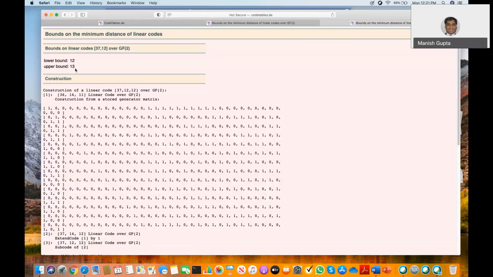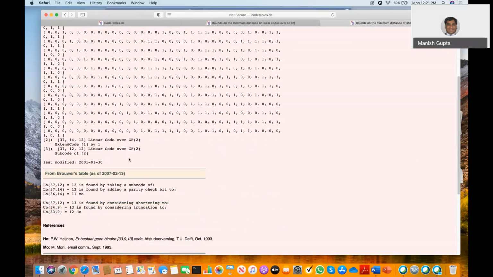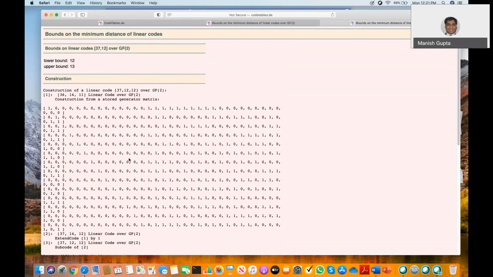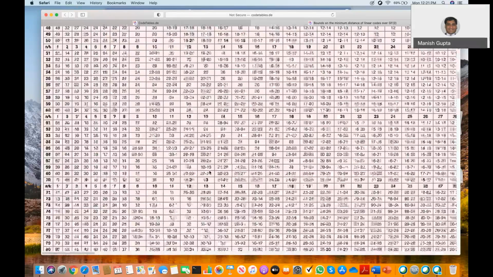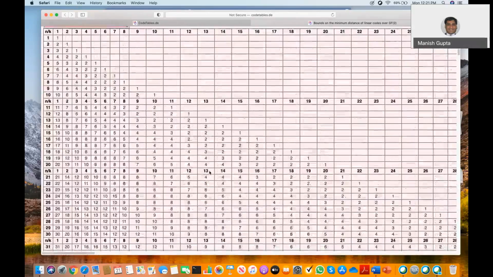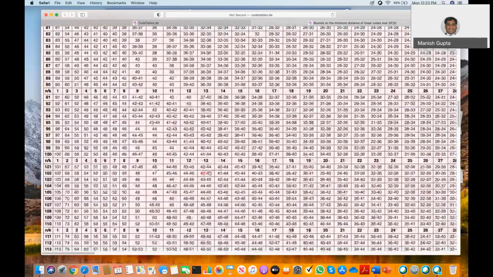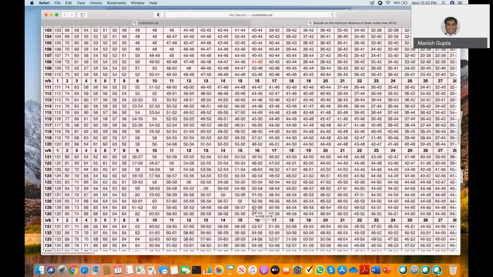How the construction is given, that is also known. So we can construct codes. These are the tables, and if you go further the bounds are more, they have lower and upper bounds rather than the exact value.